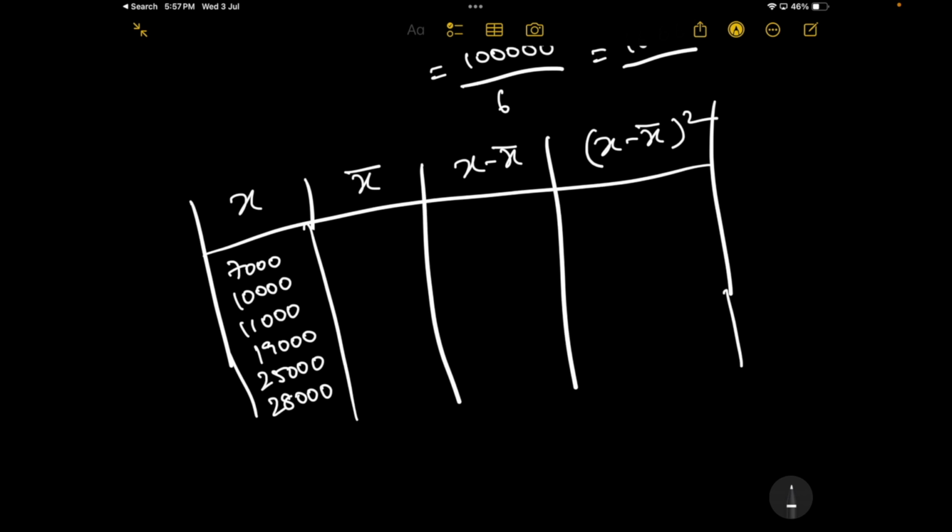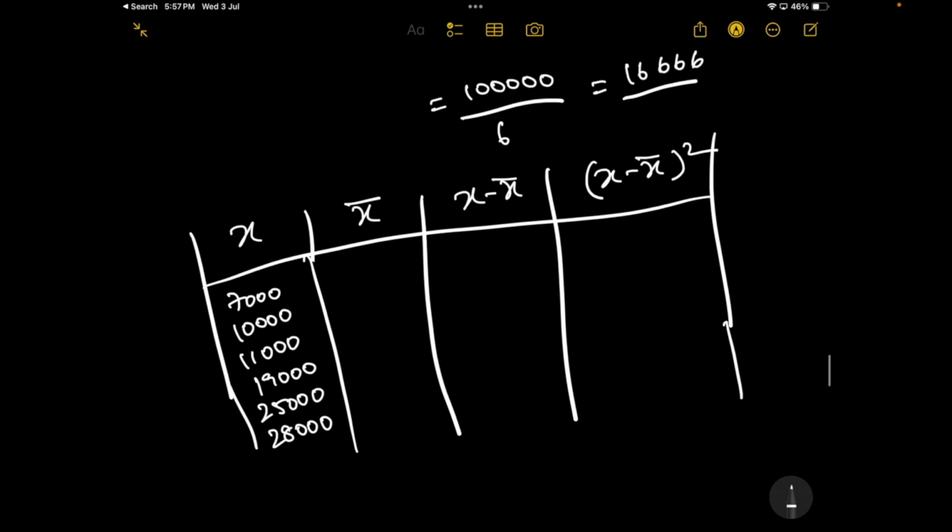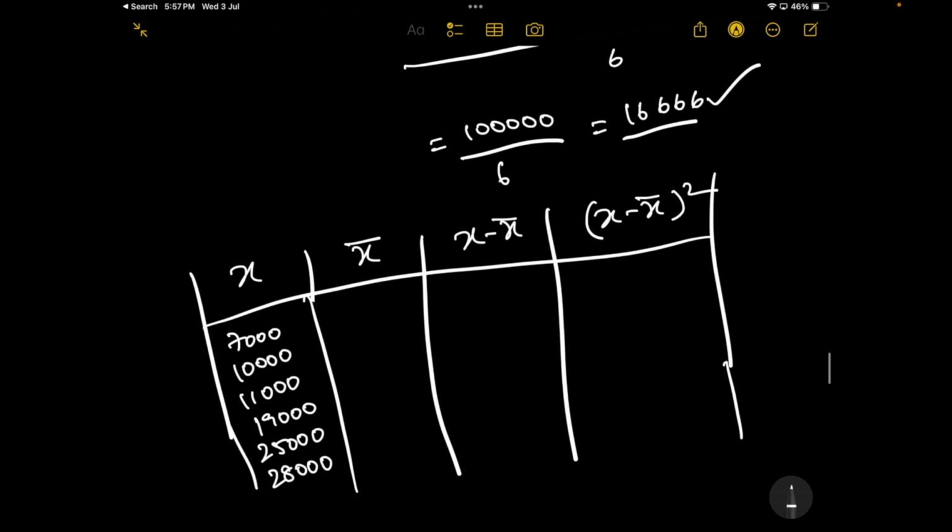That means these are the sales data given by the company. And the mean we already found is 16,666, so just write 16,666 in every single place. Now what we need is x minus x bar.